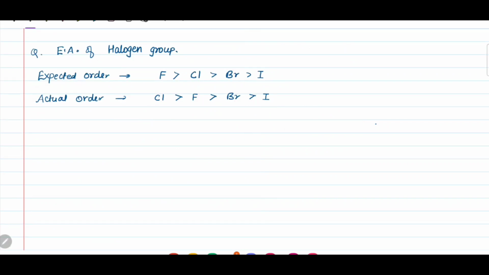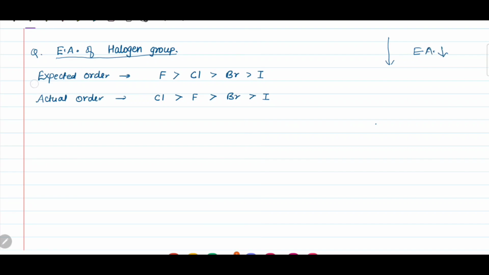Let's see one more important question. Here we have to find out the electron affinity order of the halogen group. Now, as we know, when we move from up to down, the electron affinity decreases.